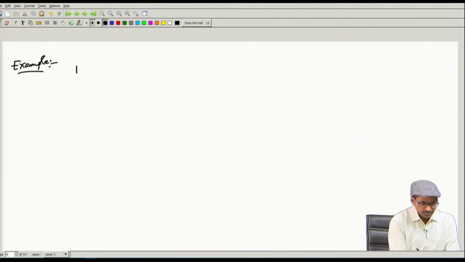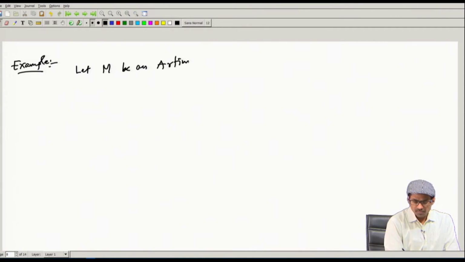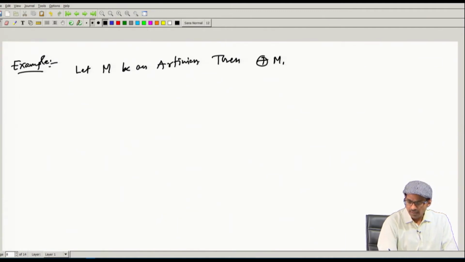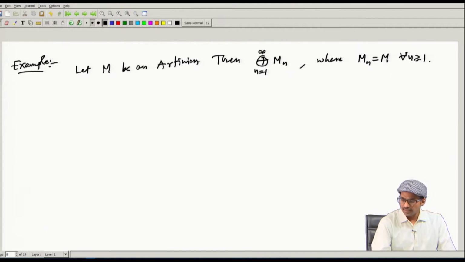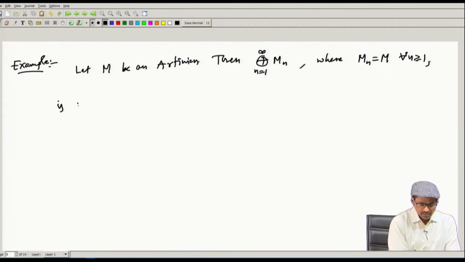Let M be an Artinian module, then the direct sum of Mn, n from 1 to infinity, where Mn is equal to M for all n greater than or equal to 1, is not Artinian.